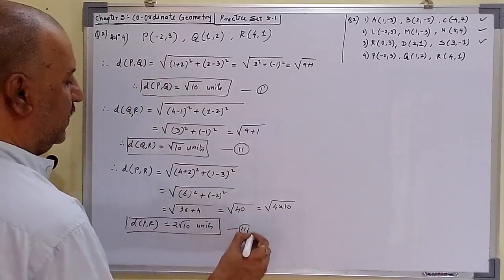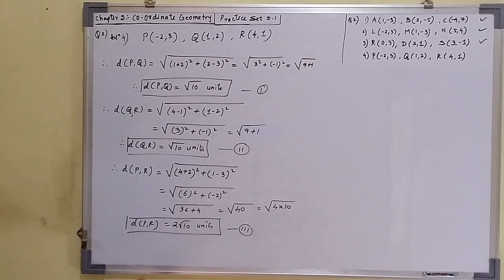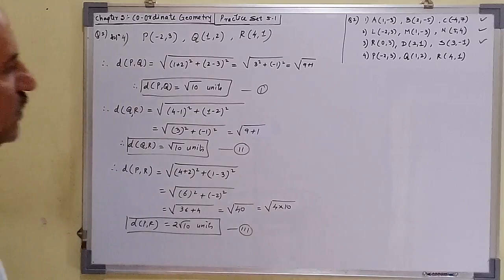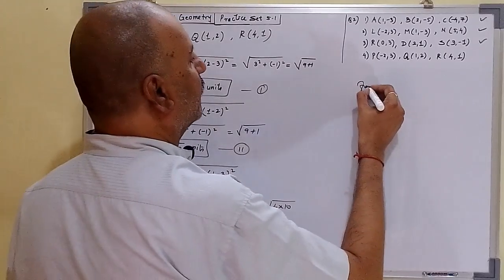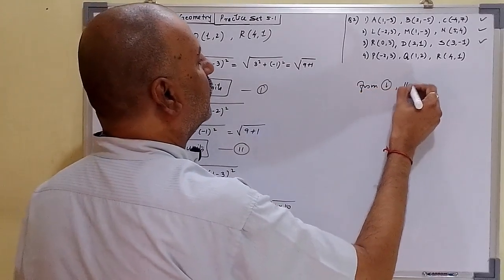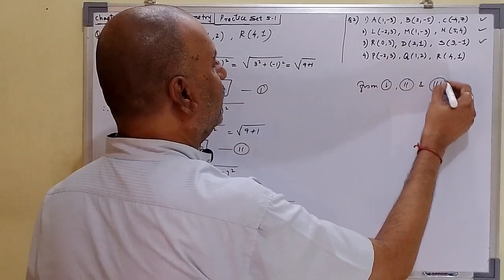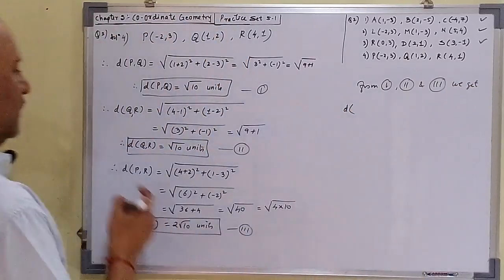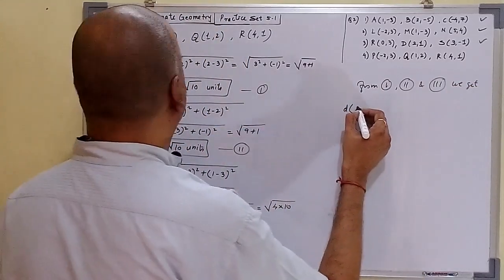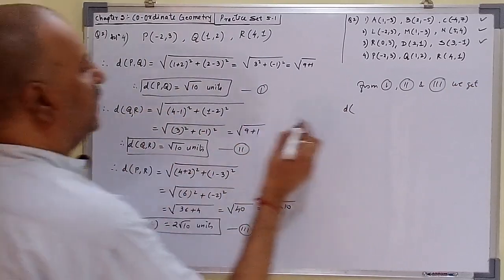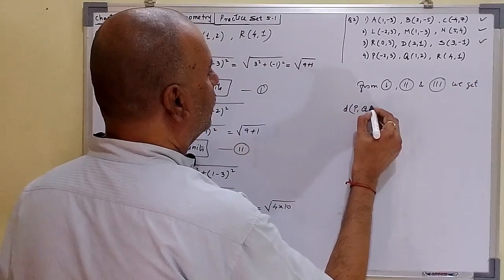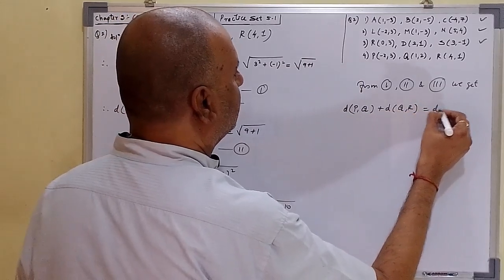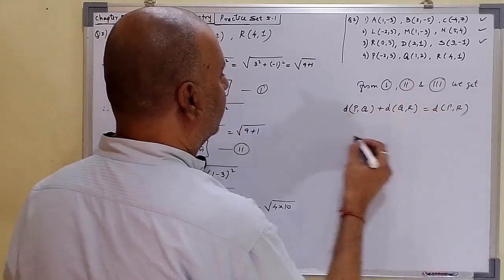यह स्टेटमेंट नंबर 3. From 1, 2 and 3 what we conclude? Distance PQ plus distance QR equal to distance PR. From 1, 2 and 3 we get distance PQ पहले, distance PQ plus distance QR equal to distance PR.